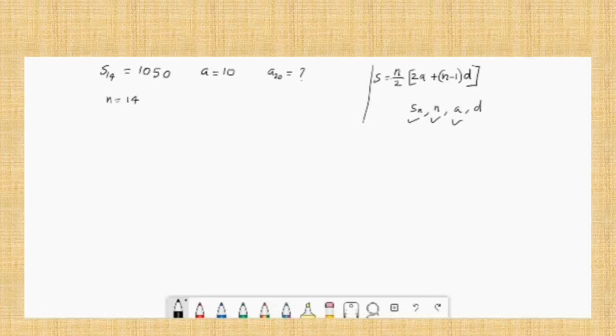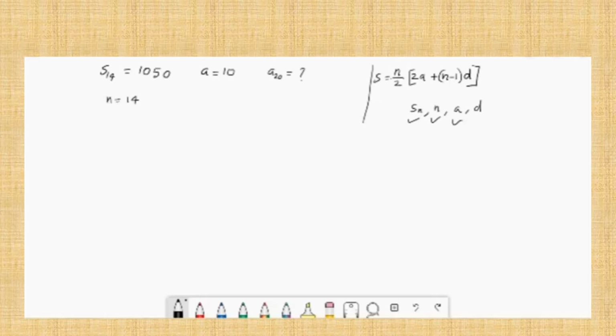Not 3 of them given and to find the next one, but connecting all the ideas of the nth term formula into this formula, you can expect different questions. So you want to connect all the ideas we discussed in this chapter. We are at the end of this chapter. For this question, n, S14 and a are given. Using these 3, we can calculate d, the common difference. And if you get d, you can simply calculate A20.